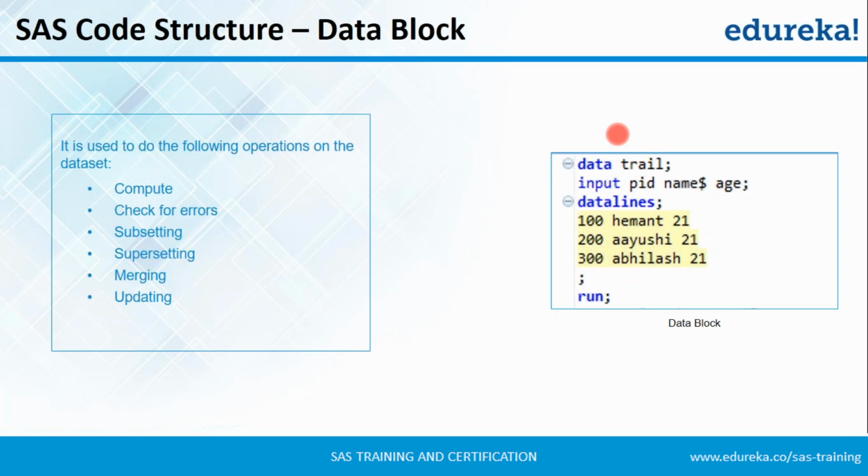For example, this trail data set, as of now, since we have not executed the library statement, is temporary, because the moment I end my SAS session, this trail data set will also evaporate. It will not be there in the system anymore. All right. So this is what we'll be learning in the demo part, that is how to create permanent data sets.